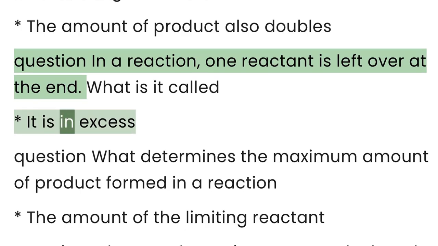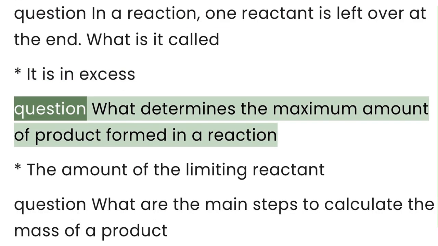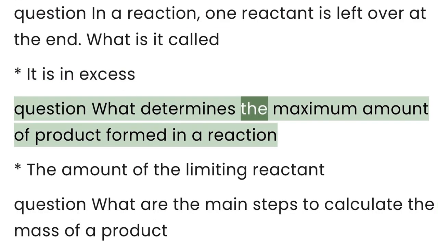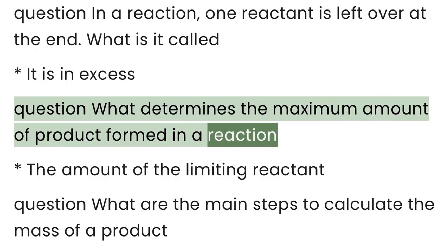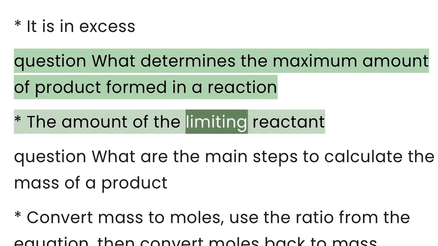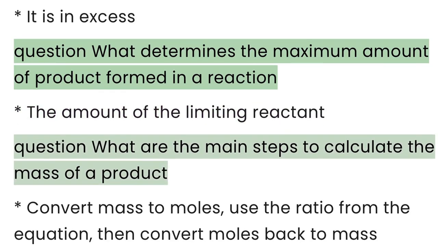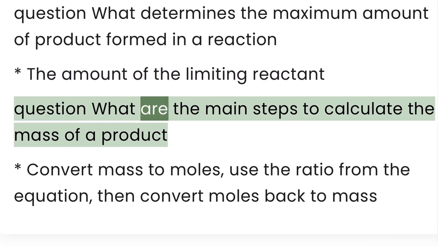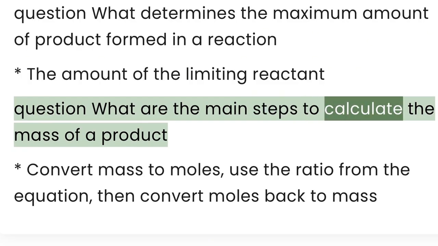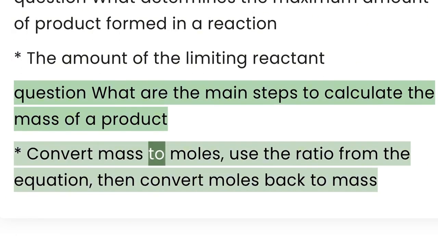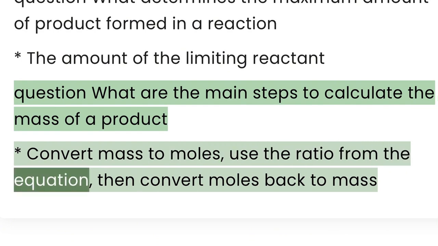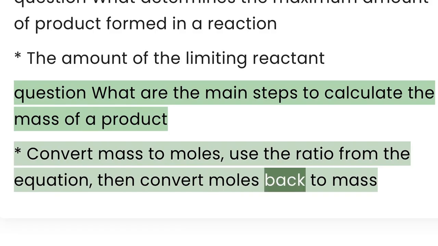It is in excess. Question. What determines the maximum amount of product formed in a reaction? The amount of the limiting reactant. Question. What are the main steps to calculate the mass of a product? Convert mass to moles, use the ratio from the equation, then convert moles back to mass.